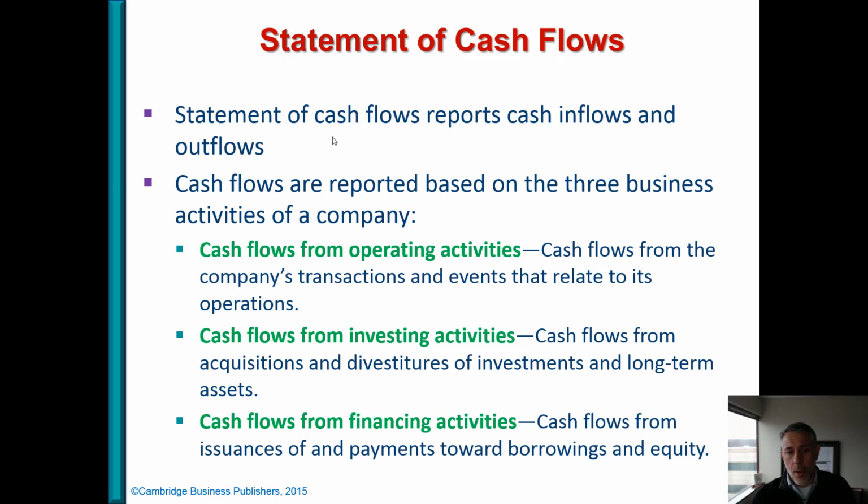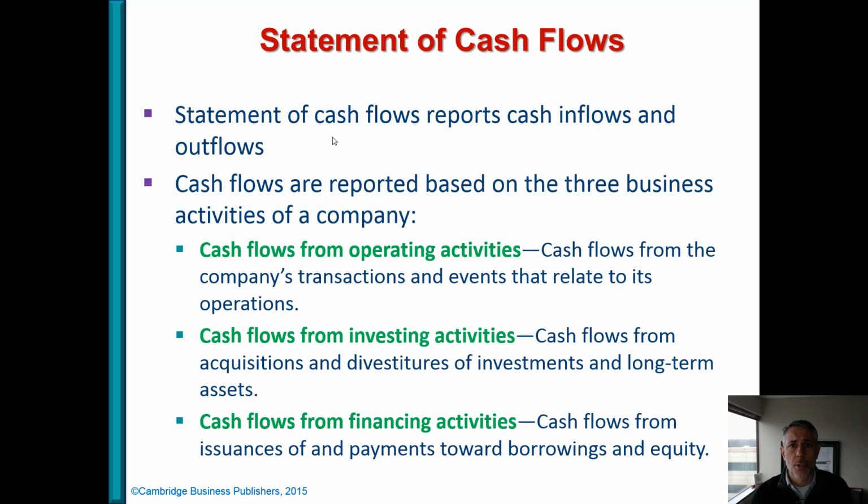Now, I had this thrown out as an interview question for one of my colleagues at one point, and it was posed as which financial statement, in your opinion, is the most important? And it was a leading question. The answer in that interview was the statement of cash flows, and the reason for that is that cash can't be manipulated.